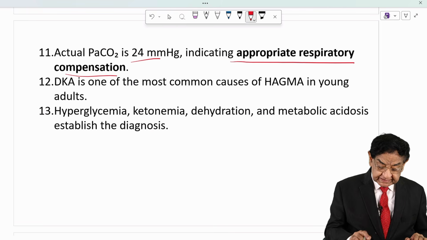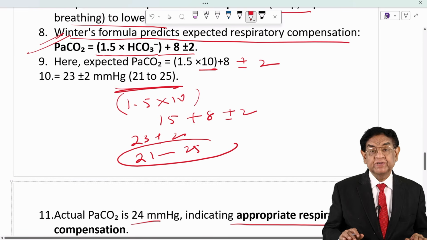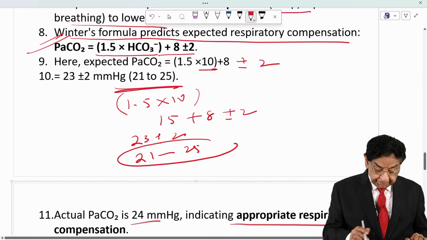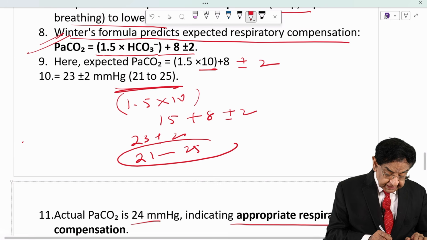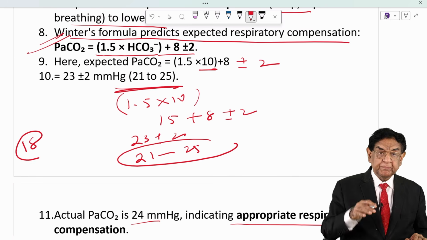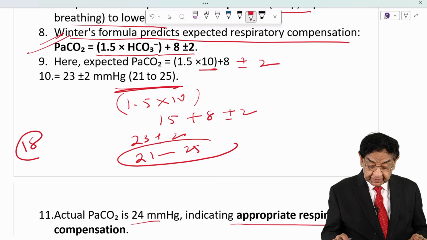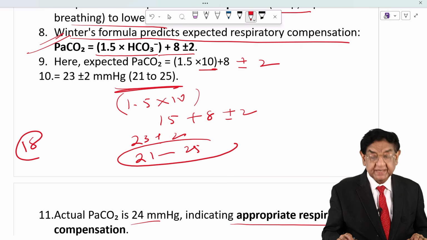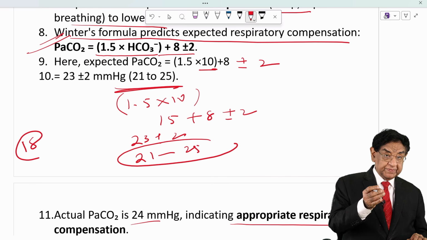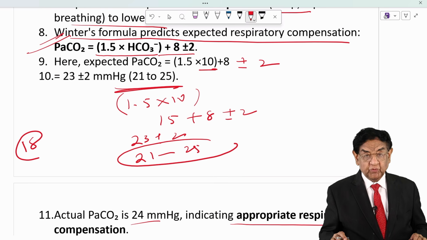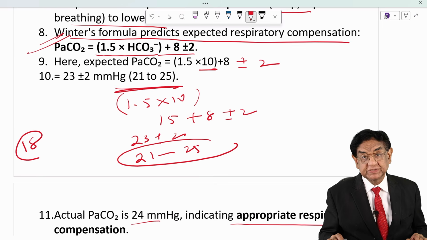Of course, our range is 21 to 25. Suppose that instead of 24, the PaCO2 was 18. Then what shall be the diagnosis?